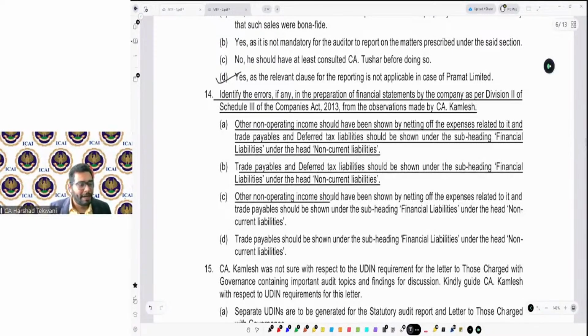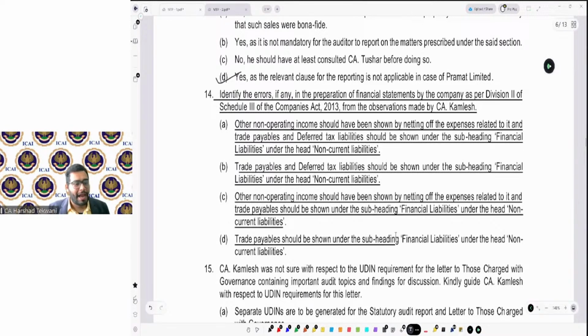C: Other non-operating income should have been shown by netting off the expense related to it, and trade payables should have been shown under the heading of financial liability under the head of non-current liabilities. And D: Trade payables should have been shown under the heading financial liability under the non-current liabilities.